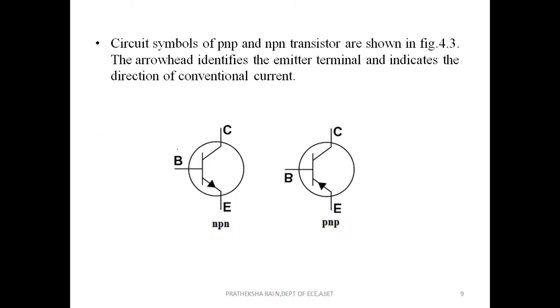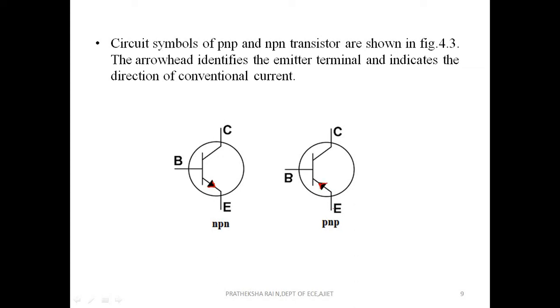Let us see the circuit symbols of PNP and NPN transistor. In case of NPN transistor, the arrowhead indicates the emitter terminal and the direction of conventional current. In this case, the direction of the current is outwards towards the emitter, whereas in case of PNP, it is inwards into the base.